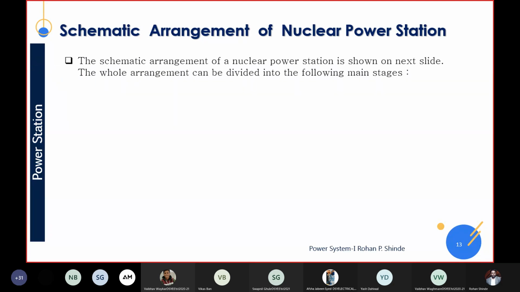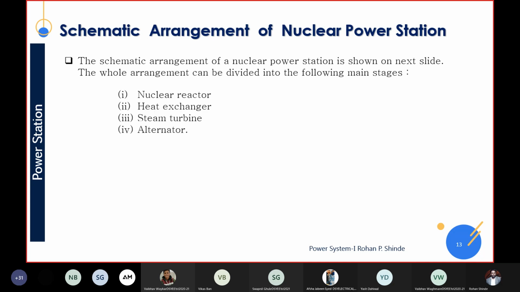So see here, the schematic arrangement of nuclear power station is shown in the next slide. The whole arrangement can be divided into the following main stages. Now see here, in the next slide there is a schematic arrangement of nuclear power plant, and this schematic arrangement can be classified into these main stages.